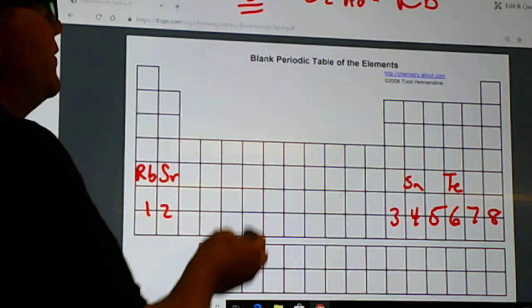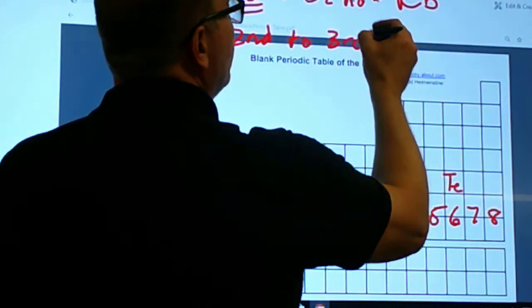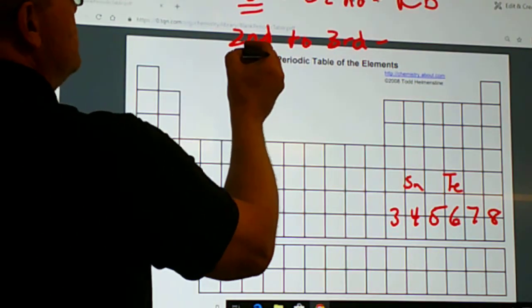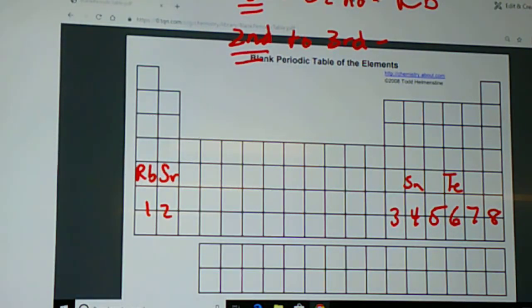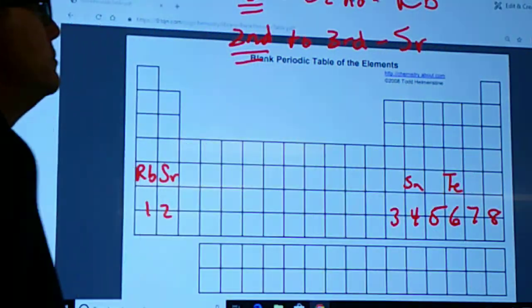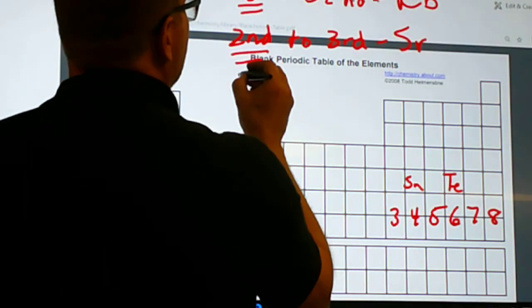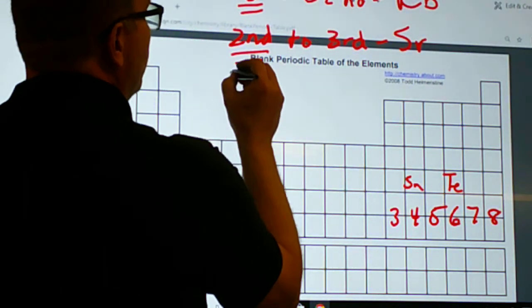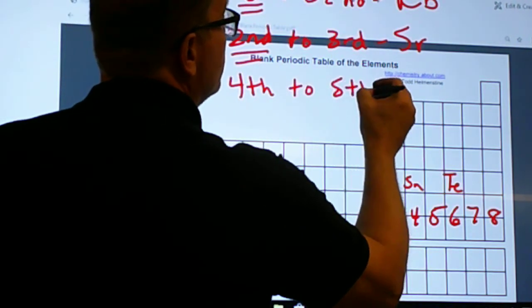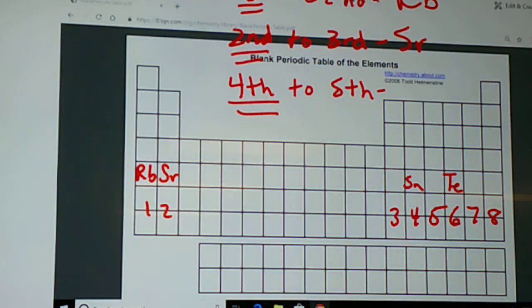Which one has the highest second to third? They don't get cutesy with these on here. So again, what do I look at? Which one has 2 valence electrons? Sr. Same pattern. Let's go with Sn. So what's going to be the highest one? Well, if you look at it, it's going to be 4th to 5th. Usually doesn't go that far, but again, showing the same pattern.